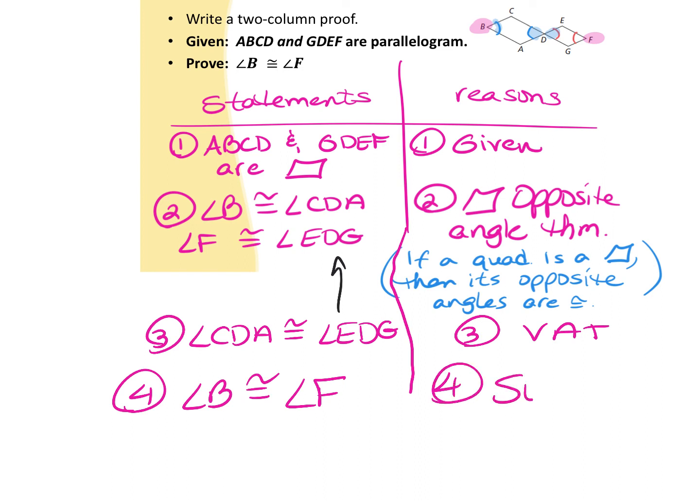And my reason is substitution. So because angle B was congruent to angle CDA and angle F was congruent to EDG, and I just showed that they were vertical, I can now use substitution and say angle B is congruent to angle F.